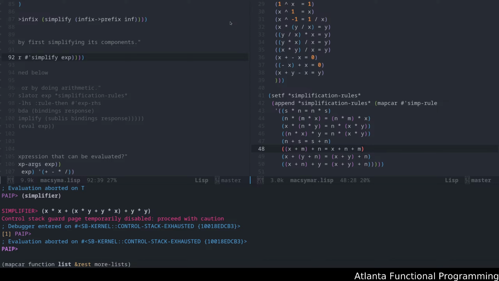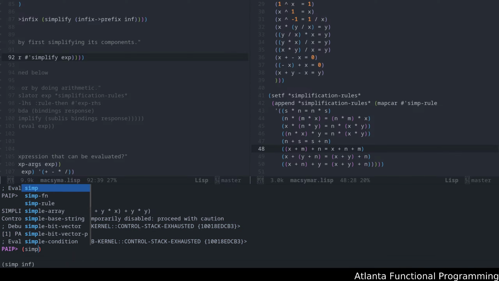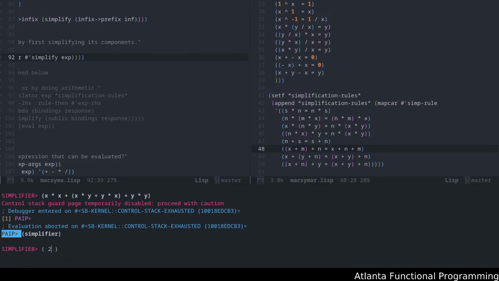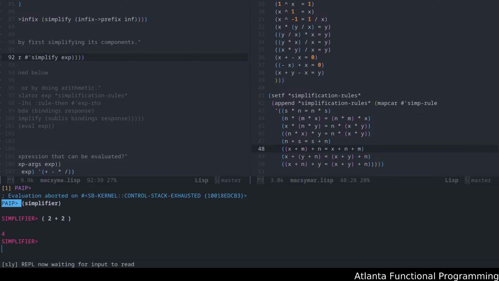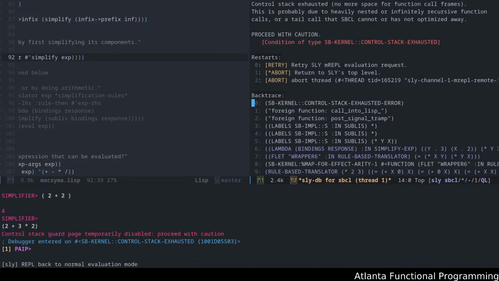So, for example, in the simplifier algorithm that we encountered in Norvig's code, it looks like the following. We can do basic arithmetic, naturally. It does respect order of operations here.